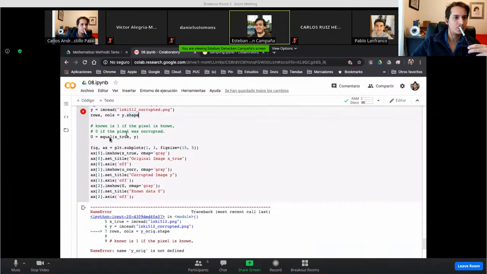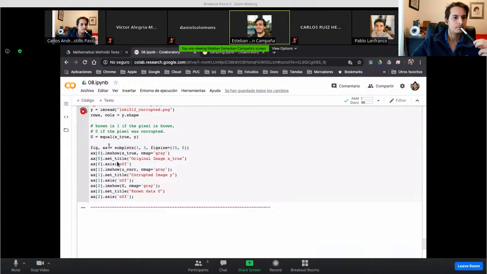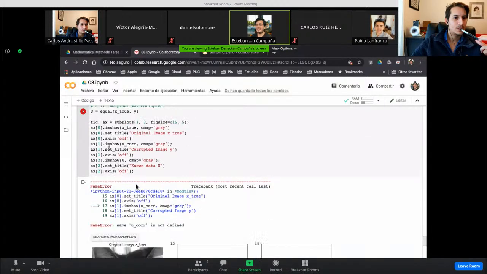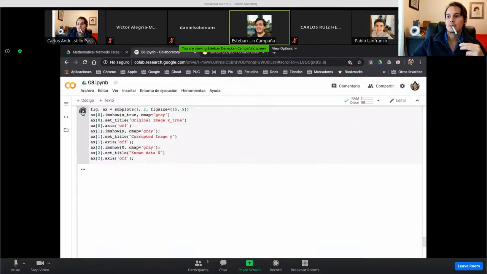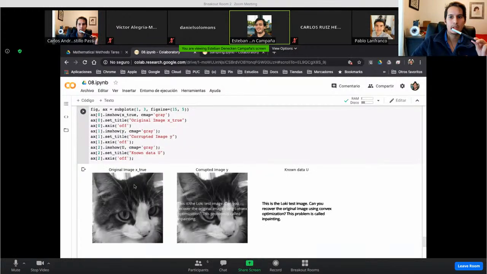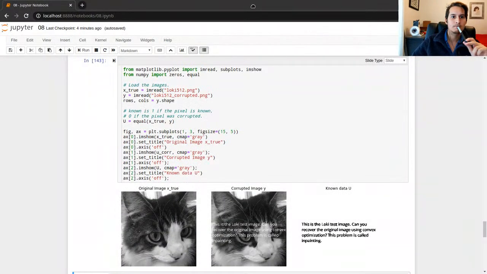After the U equals, the first line there, you need to remove the plt. And that U_corrupted is just Y. That should work now. Okay.